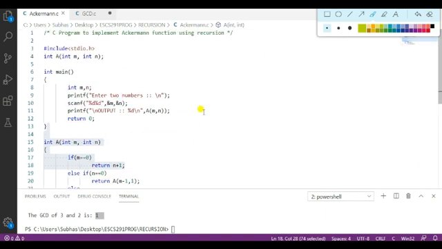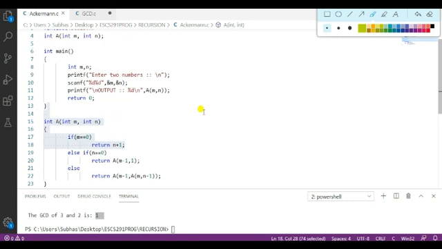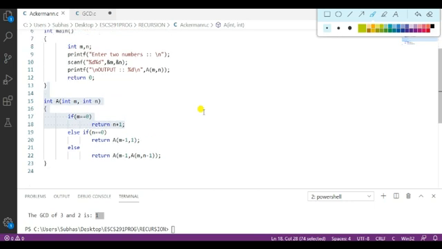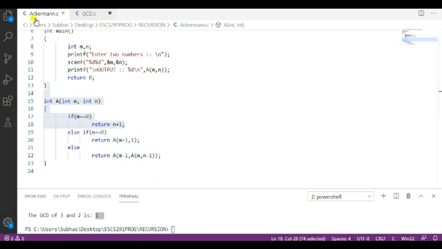So let me execute this code. Then I will check whether the result is true or not. The name of the file is ackermann.c. So let me clear all these things.